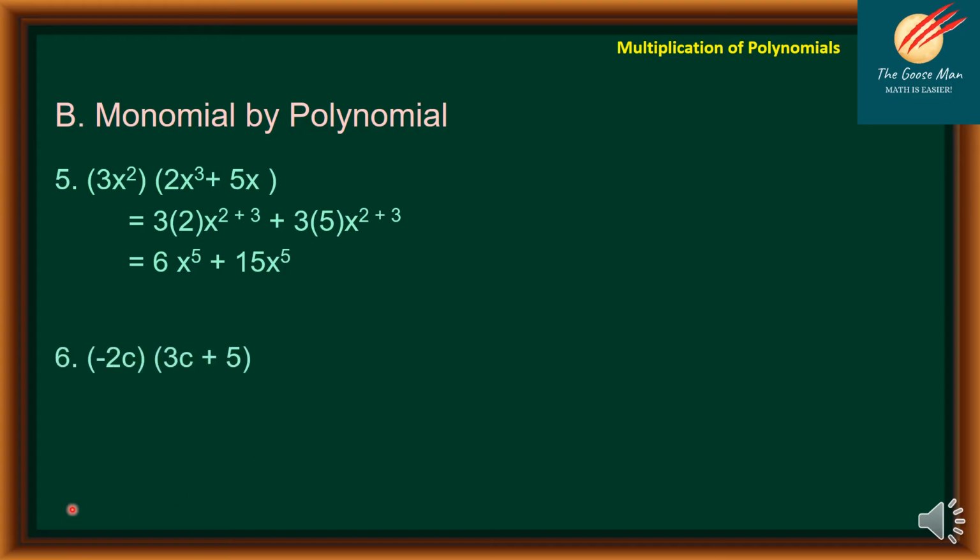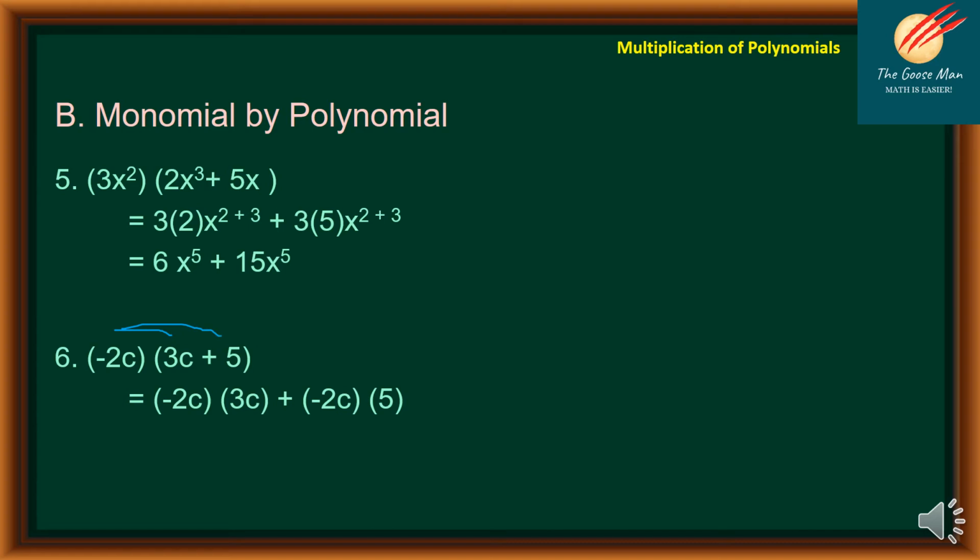Next, let's have another example for this. Observe that I have negative 2c times 3c plus 5. Again, I'll distribute: negative 2c times 3c, then we have negative 2c times 5.